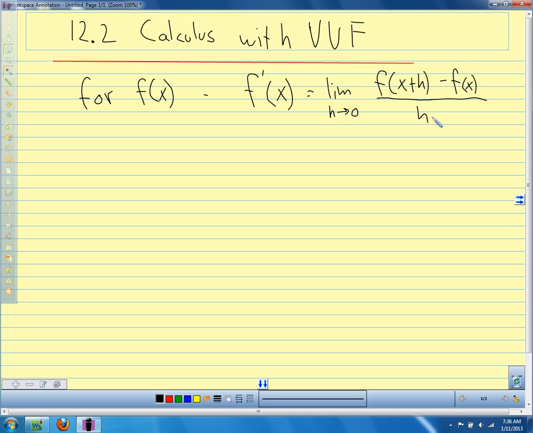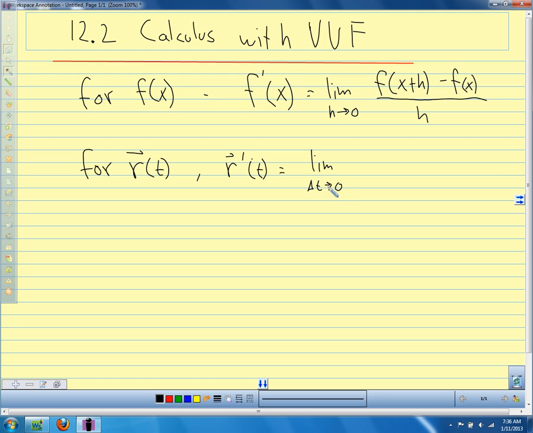We're going to define the derivative of a vector valued function exactly the same way. So we're going to say for r of t, some vector valued function, r prime of t is going to be the limit as, and instead of h I'll use a little different notation, delta t, just to remind us that we're talking about these small changes.